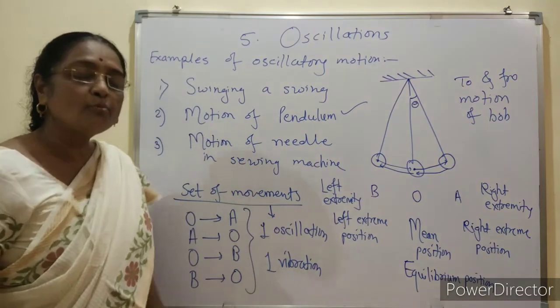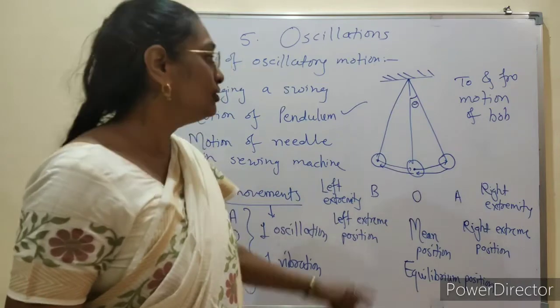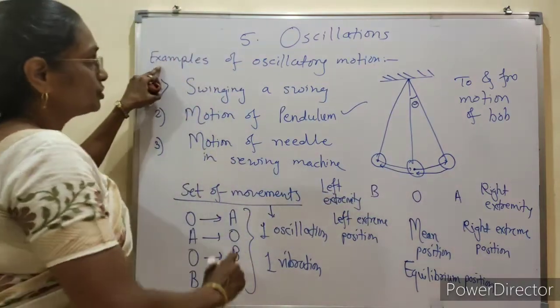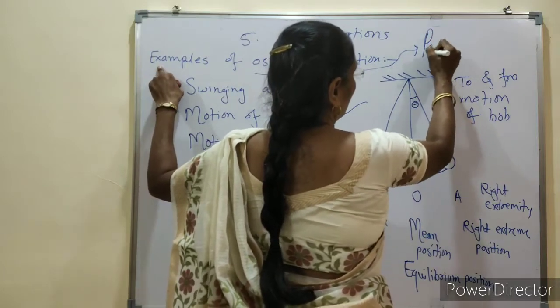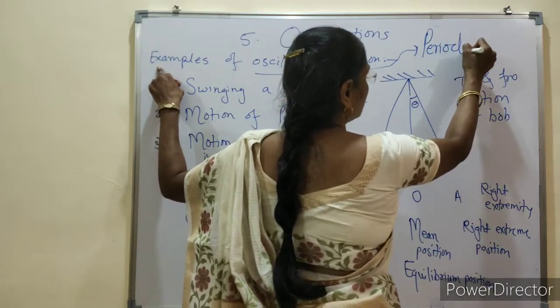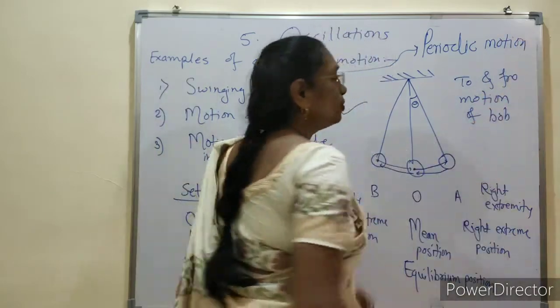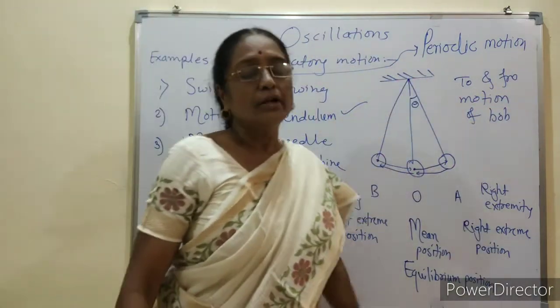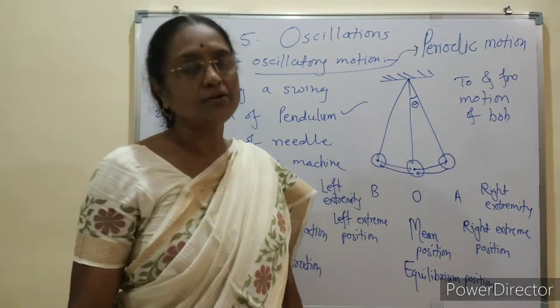And this set of movements repeats in equal intervals of time. Therefore, this oscillatory motion can be taken as an example of periodic motion, because you know periodic motion is the motion which repeats itself after equal intervals of time.